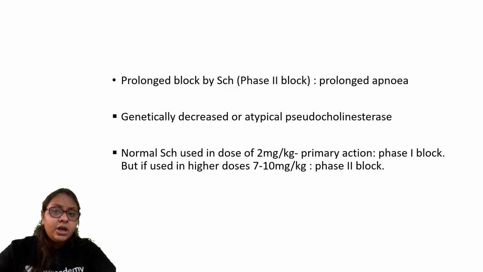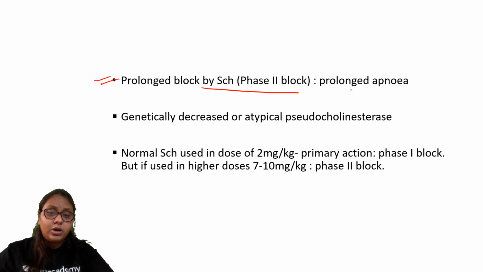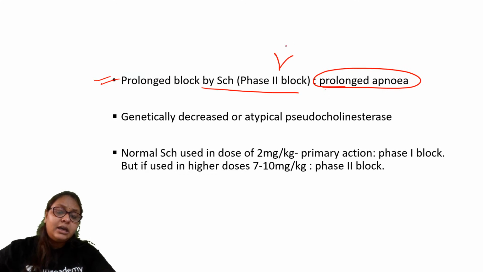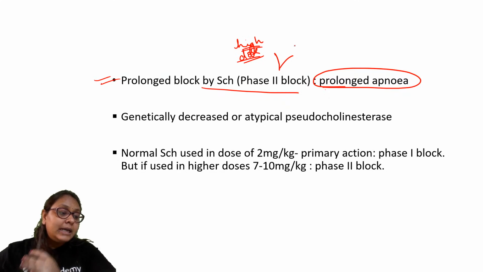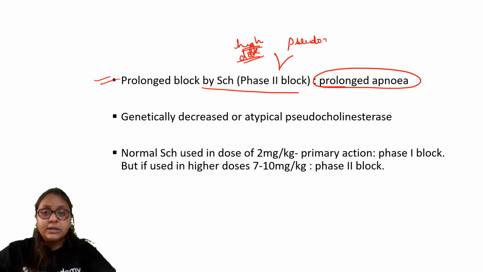Scoline, is it clear? And I told you phase 2 block will cause prolonged apnea. I told you when it can happen, at high dose, or else, what is scoline metabolized by? It is metabolized by pseudocholinesterase.